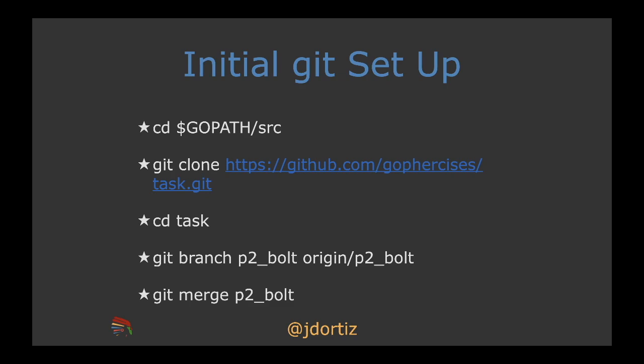So what I ask you to do, if you want to follow the exercise and do it yourself, go to your Go path, use git clone in order to download the code base that we are going to work with. The code base is the one that he used for his task exercise when he was doing a command line application to do tasks and to list the tasks that were still pending.